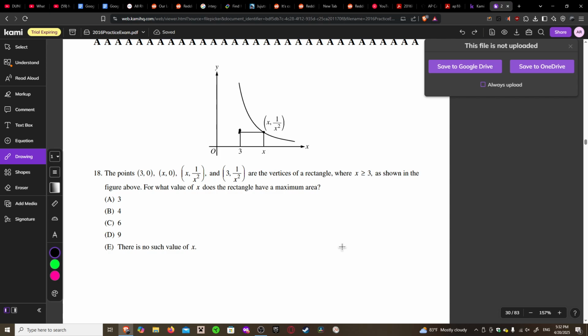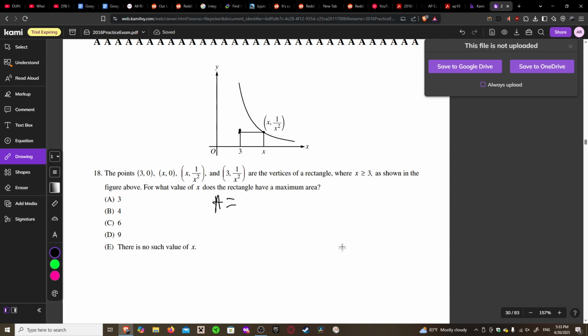Oh, this is an optimization problem. We didn't do a lot of optimization in my calc class, I guess. Right, so you have a rectangle.